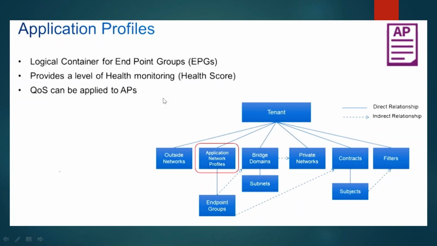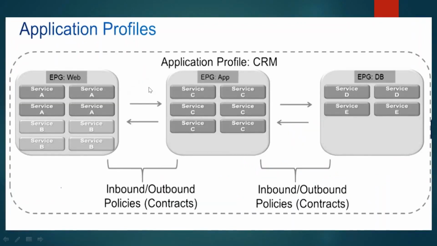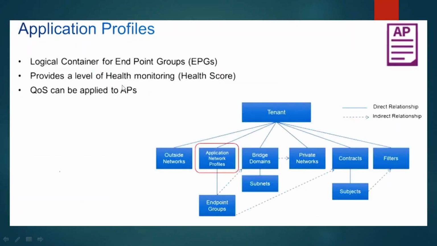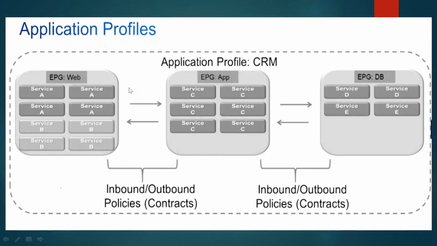Inside the application profile, we define the endpoint group, correct? So it is a logical container for endpoint groups, provides a label for health monitoring, and QoS can be applied on the application profile. Finally, we have one example where you can see that I can group the common tasks.